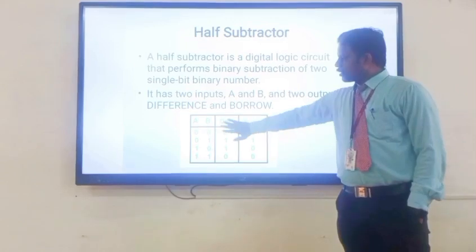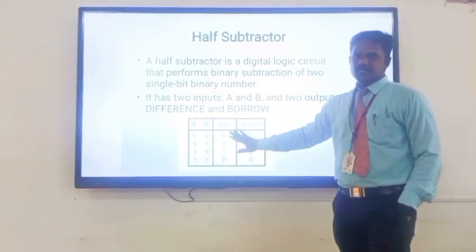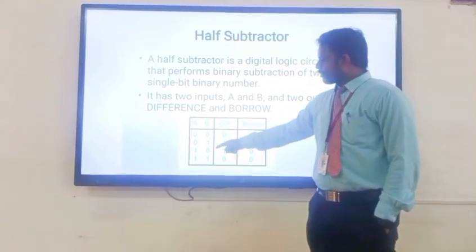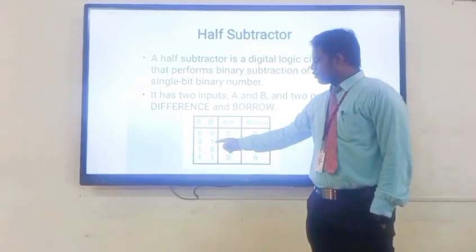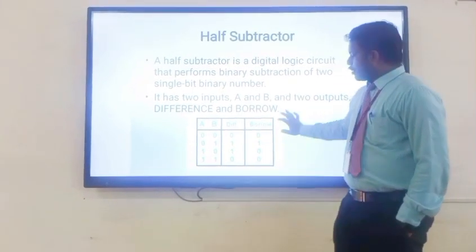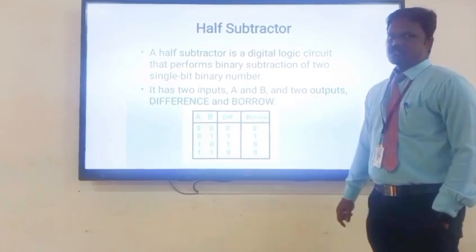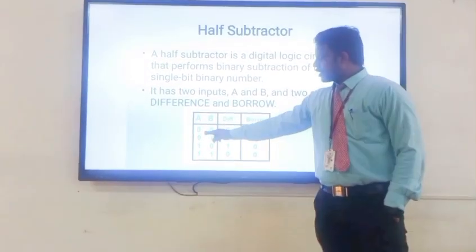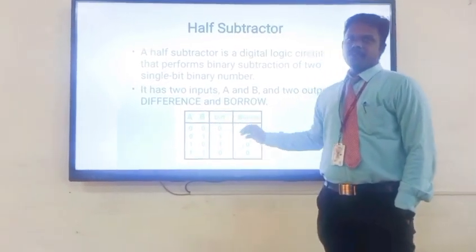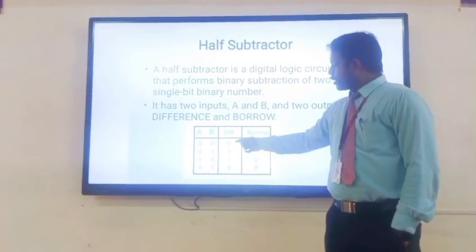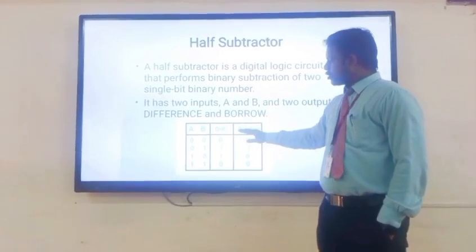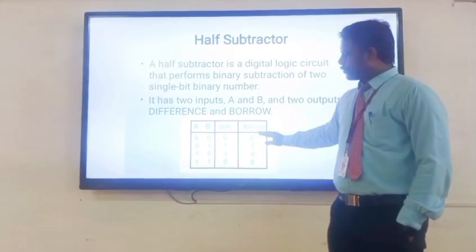We know that if a digital circuit consists of two inputs, we have four possible combinations: 0, 1, 2, 3. Then what are the difference and borrow results? First, consider the first combination, 0 and 0. If you are doing the subtraction operation, your difference is 0, there is no borrow here, so that is also 0.